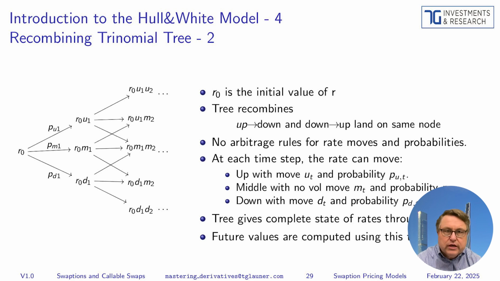By structuring rate evolution in this way, the tree provides a complete representation of potential interest rate movements over time. Future rate values and their associated probabilities are systematically computed using this framework, making it an excellent tool for pricing derivatives and managing interest rate risk.